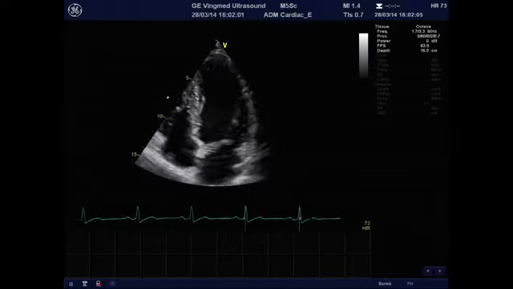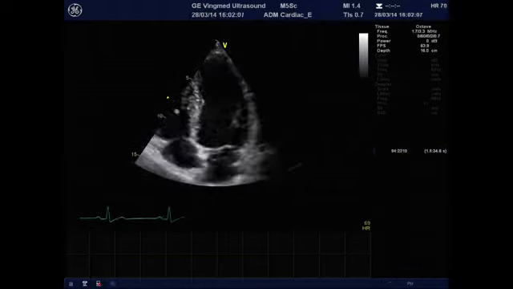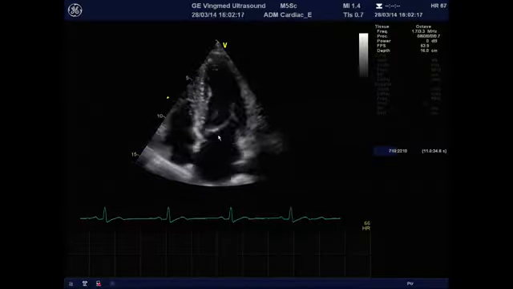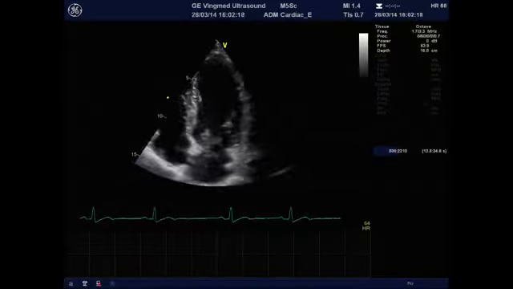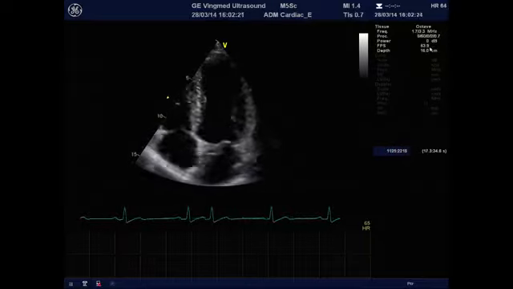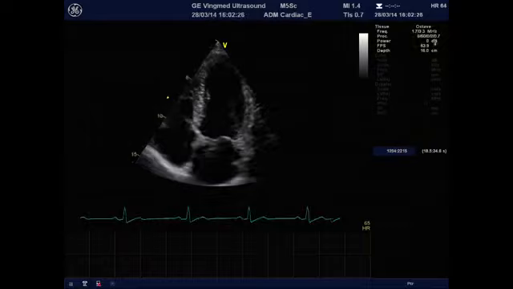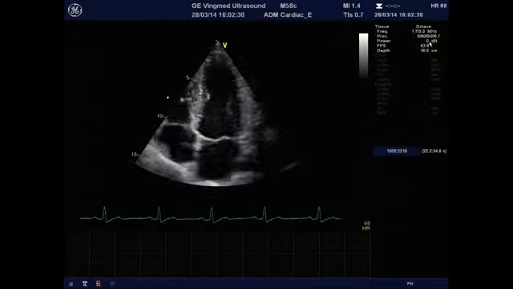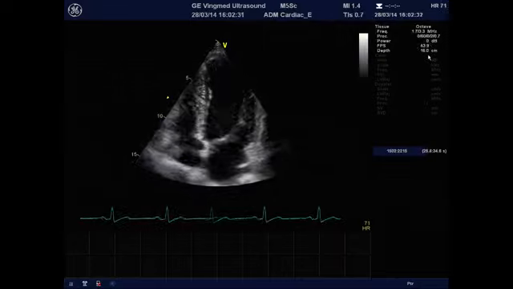For that, we reduce the sector size, we reduce the depth, and we can also play with the frame rate button on the machine. I try to show you that here on this example. When you watch the screen, you will see the frames per second shown here in the image. Watch this number and see what happens when I change the different settings.